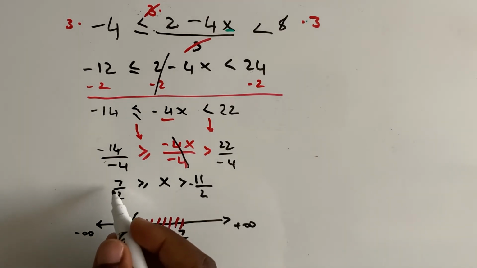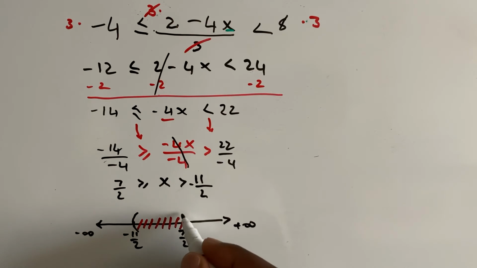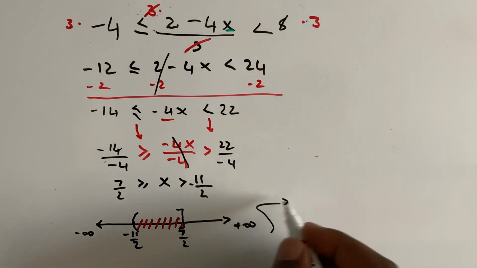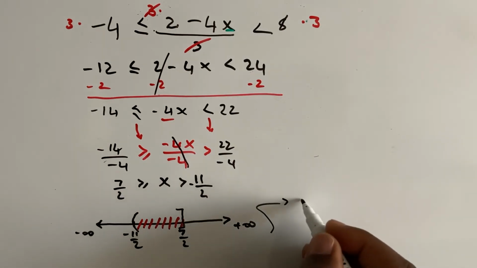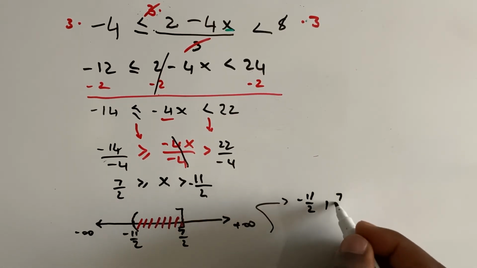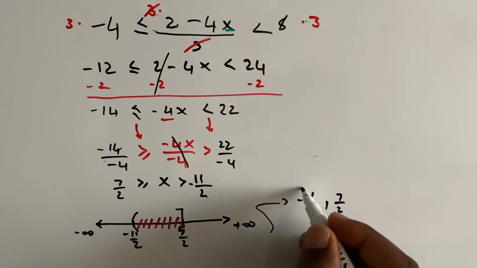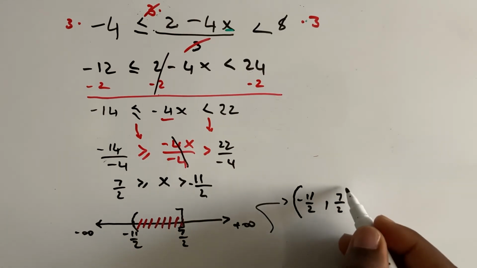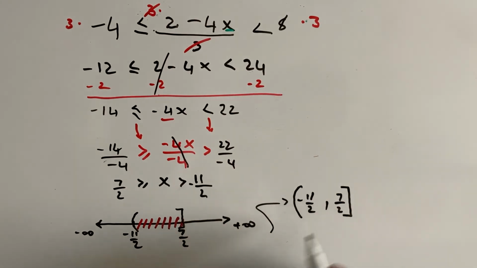On 7 over 2, I have to use bracket because it's equal here. So use bracket here, okay? And you can actually represent the solution. It's pretty easy to do now, because you have from negative 11 over 2 to 7 over 2. Here you use parenthesis, here you use bracket. And guys, this is it.